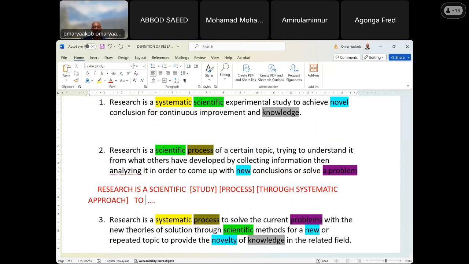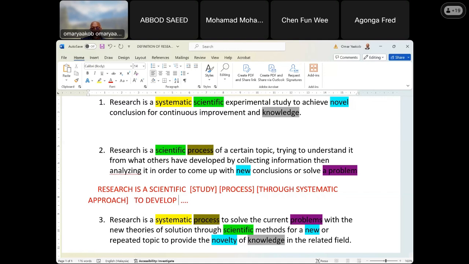Do you want to suggest something? Yes, Chen. So to me, the aim of the research is to develop, could be fundamental knowledge, and also solution.